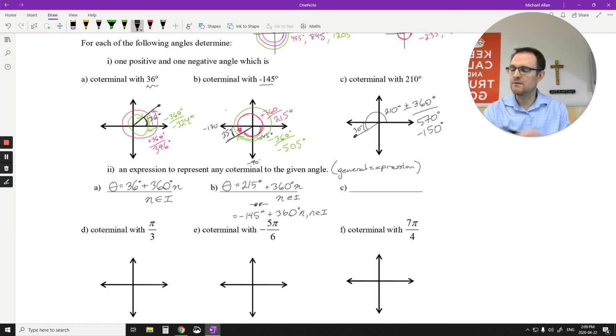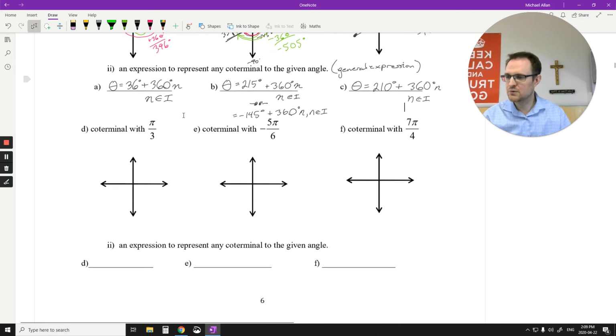It's just not in convention. Mathematicians have decided that let's just use the smallest positive one to put first. It's like here, 210 is the smallest positive number. And then I'm going to add 360 degrees n, n an integer. Okay, there we go.